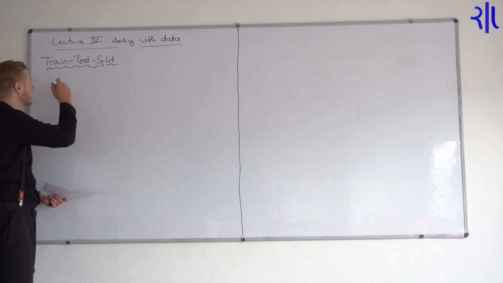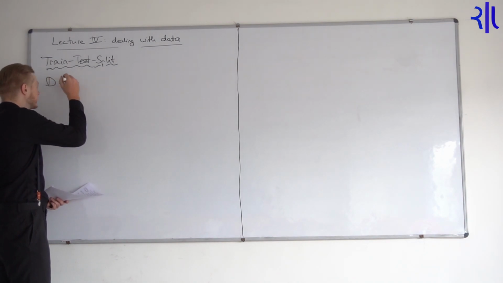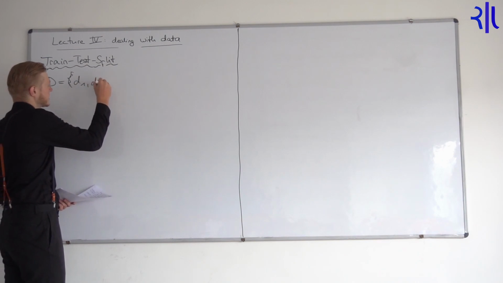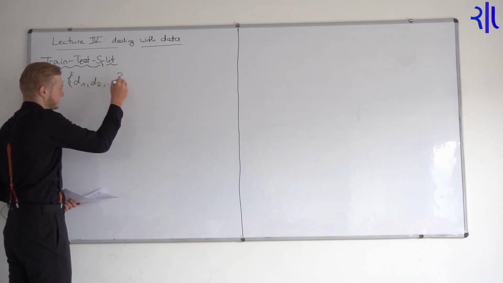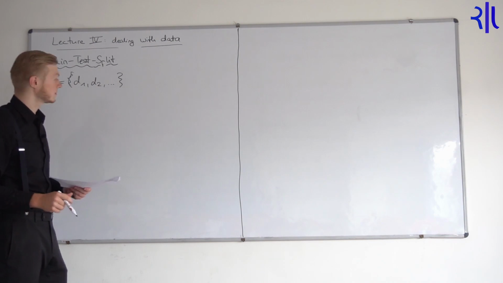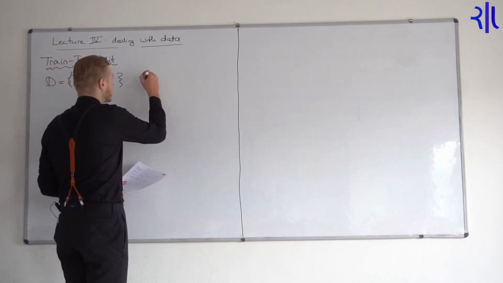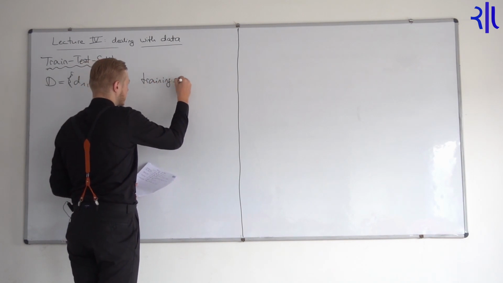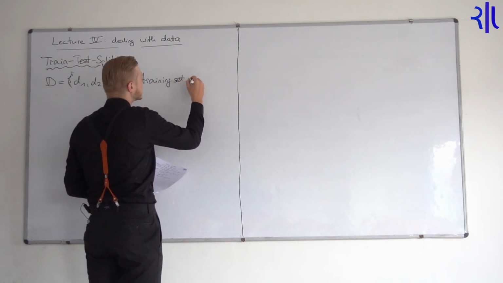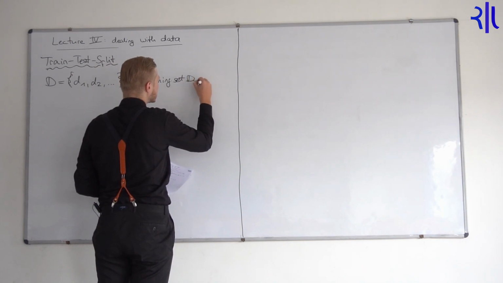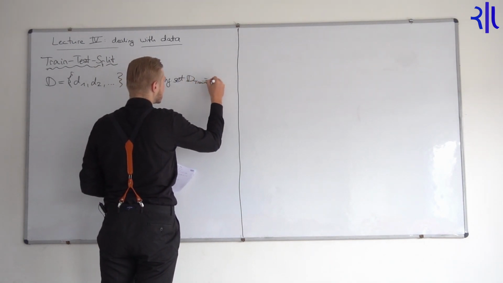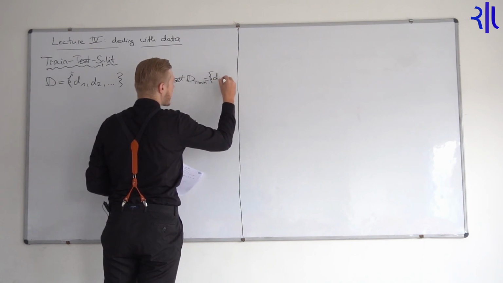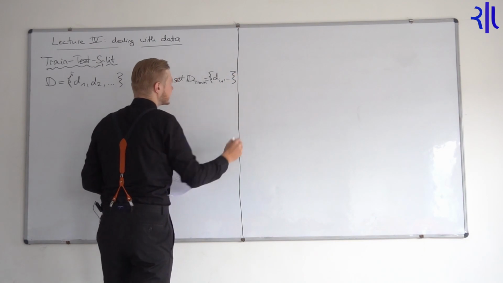What you're doing is you have your data set D with your data points D1, D2, and so on. And you split that into a training set, DI1, DI2.